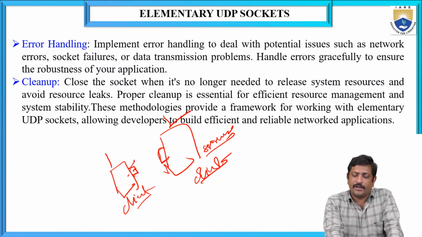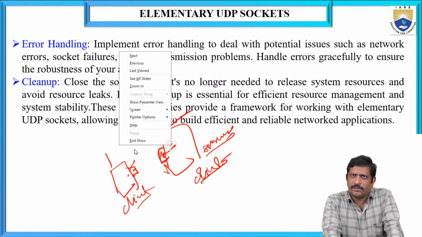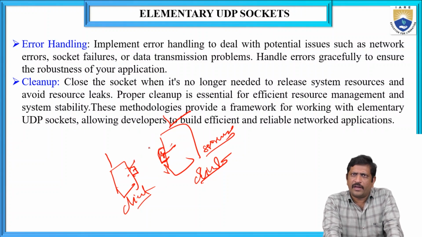If you arrange the socket at the client side, we call it a client socket, and at the server side, a server socket. If a socket fails, we implement error handling, handle the error, and identify what type of error has arisen.